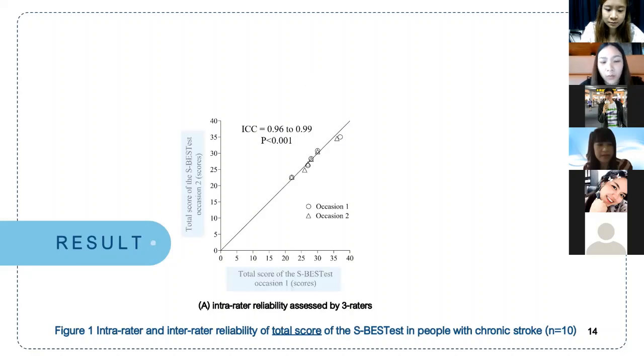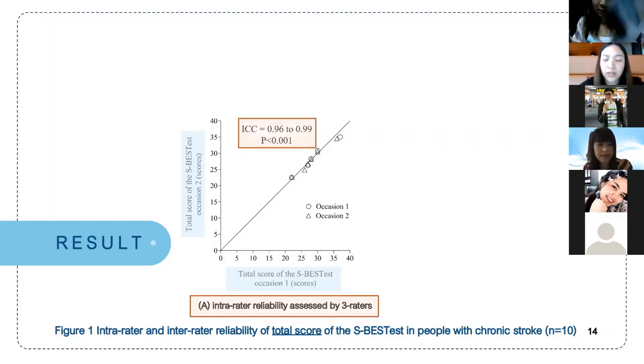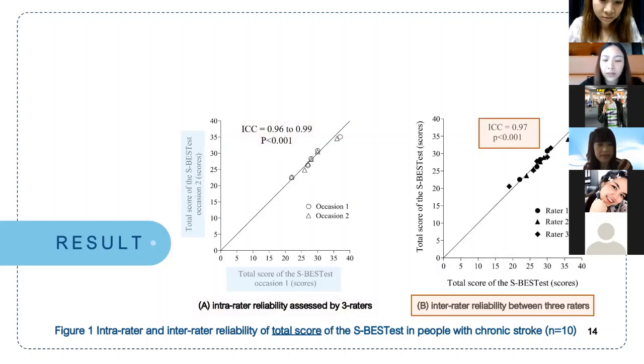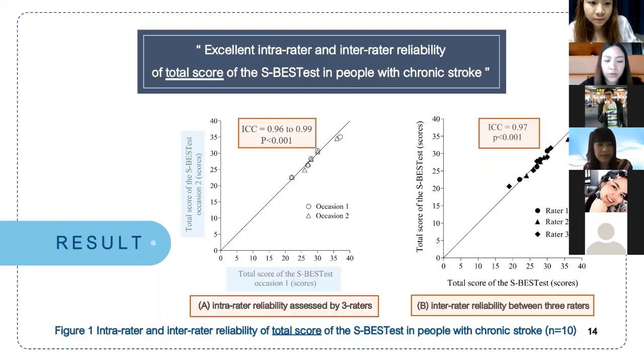The X and Y axes are the total scores of the first and second occasions respectively. The intra-rater reliability of each rater shows ICC above 0.8, and inter-rater reliability between the three raters shows ICC above 0.8. So the total score of the S-BESTest in people with chronic stroke had excellent intra-rater and inter-rater reliability.